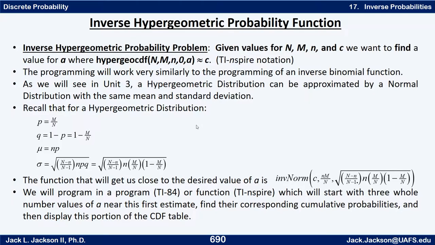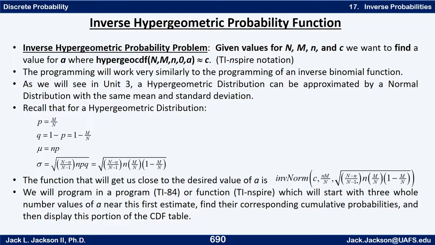Now, this programming will work very similar to the way we programmed an inverse binomial function. As we will see in Unit 3, a hypergeometric distribution can be approximated by a normal distribution with the same mean and standard deviation. That approximation depends on a few things for how good it is, but we can use that as an approximation. Now, recall for a hypergeometric distribution, we have a couple of things here.